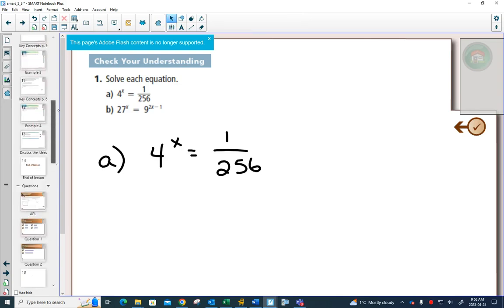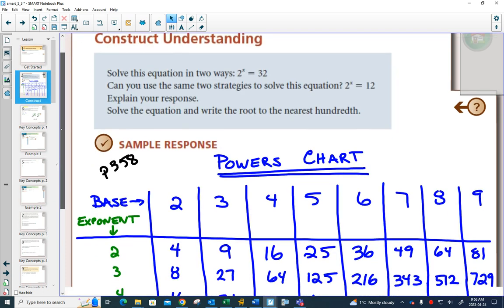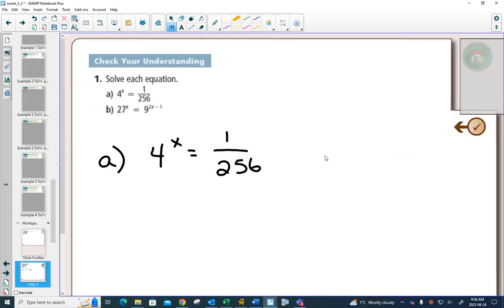So we scroll back up to our powers chart. There's my powers of 4. Sure enough, 4 to the exponent of 4 is 256. So I can go back to this question, and I can now write 4 to the x is equal to 1 over 4 to the 4.